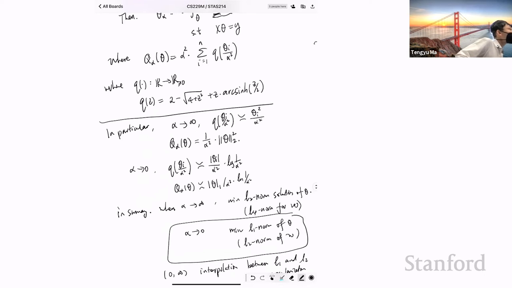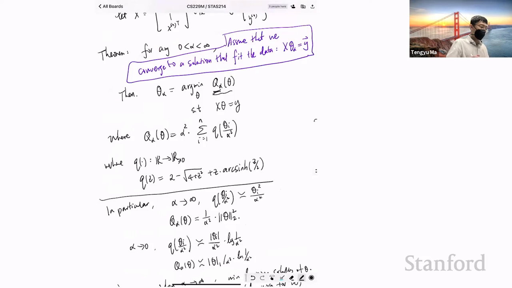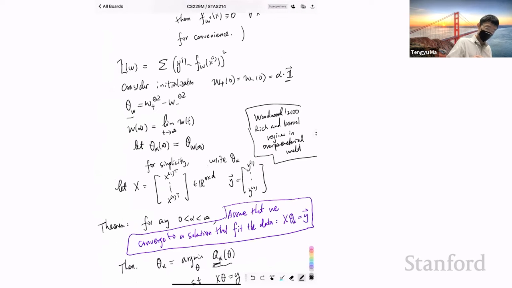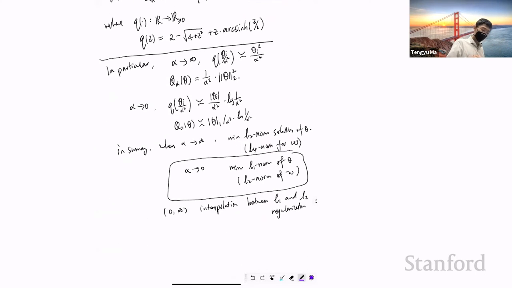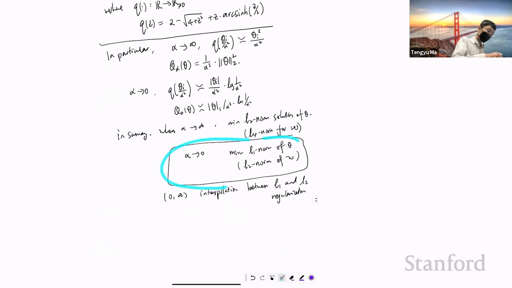Oh, okay, say it again. Yes. Alpha is the scale. This is the only thing that depends on alpha in the algorithm. We say that the initialization is alpha times the all-one vector. And this all-one vector, you can actually change it as well. If you change it to an arbitrary vector, for this limit, you actually don't change anything.